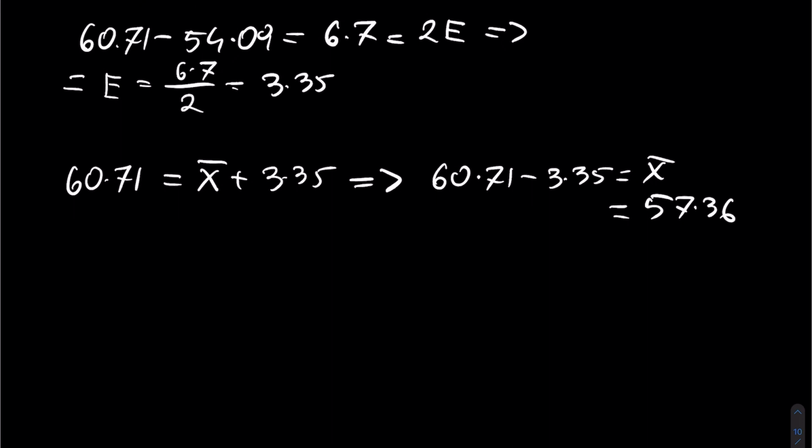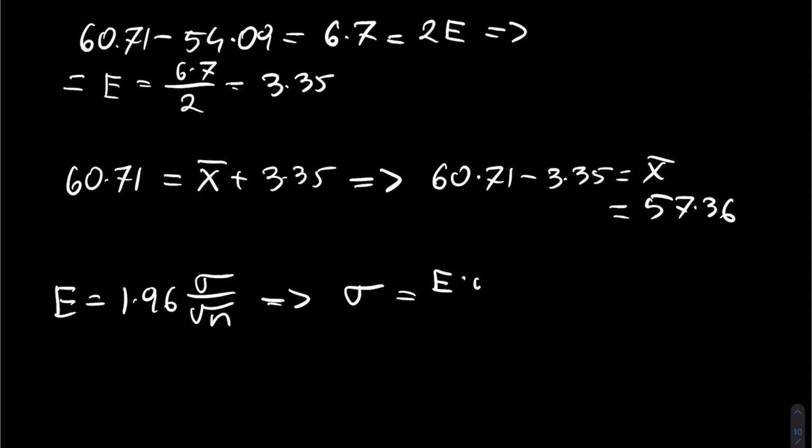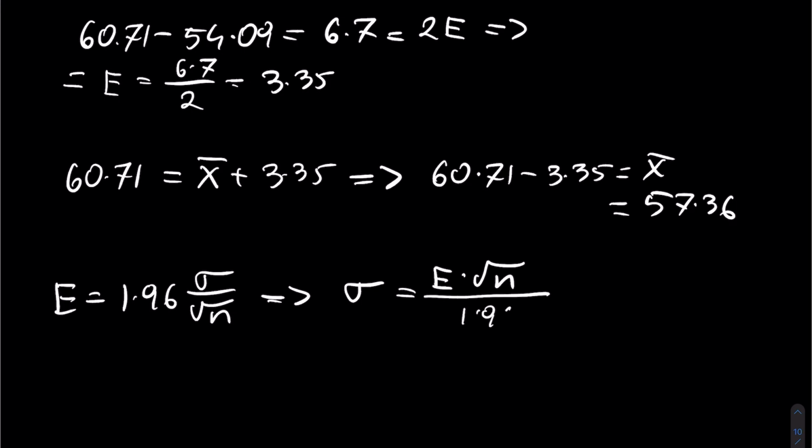And I also know that the margin of error E is the same as 1.96 multiplied by sigma over root of n. So trying to find the standard deviation from it, let's transpose the formula a little bit to get sigma being equal to the margin of error multiplied by root of the number of items in the sample, and all that divided by 1.96.